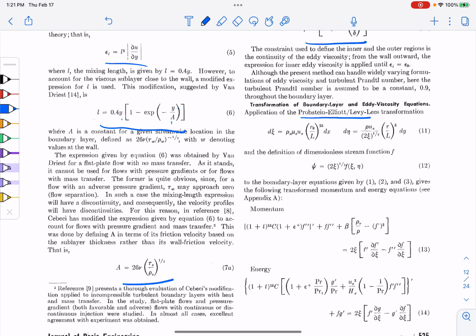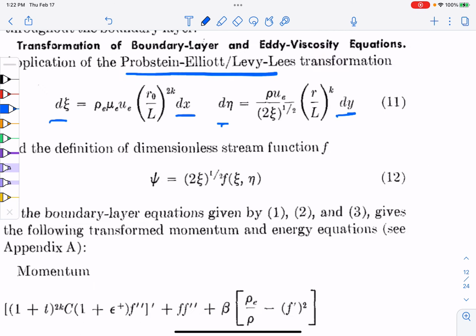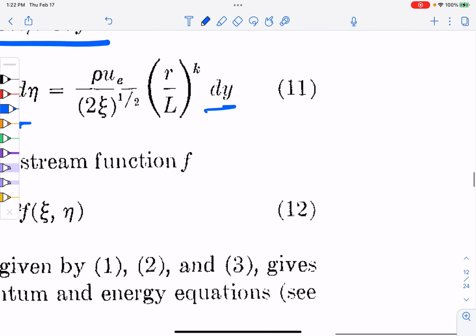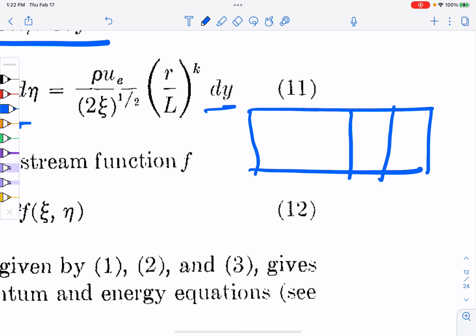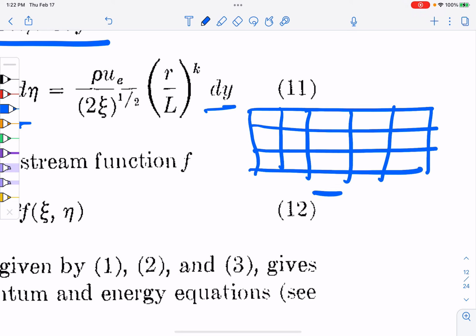He uses the transformation to change his grid from grid point spacing dx to d Cebeci and dy to d eta. And so the grid for, say, Cebeci, if I can write it down here in the margin maybe, right? That's just a uniform grid now. And so you have this is delta Cebeci, and then this is delta eta.